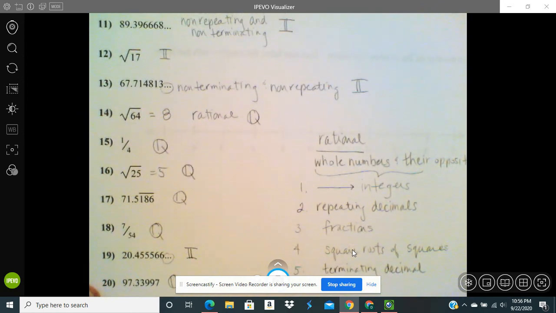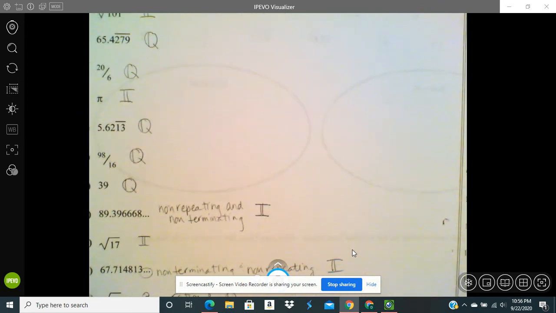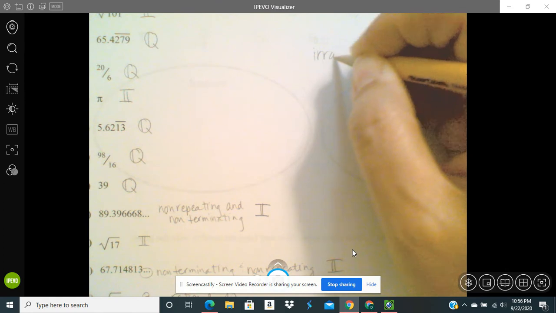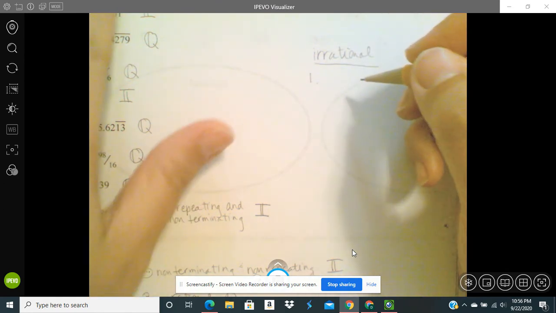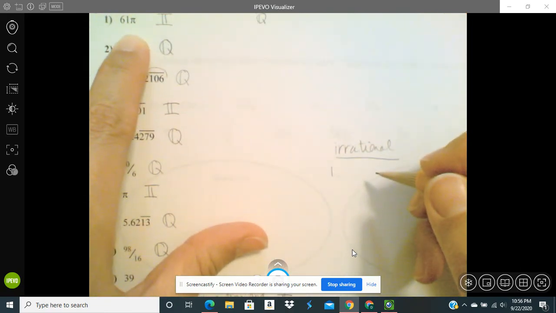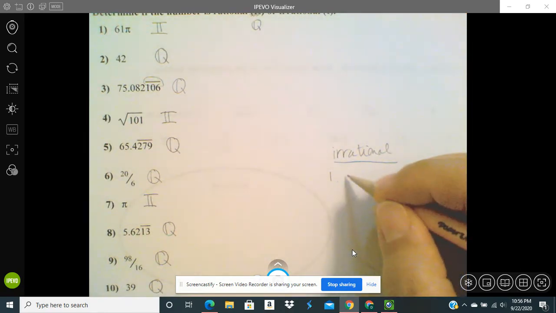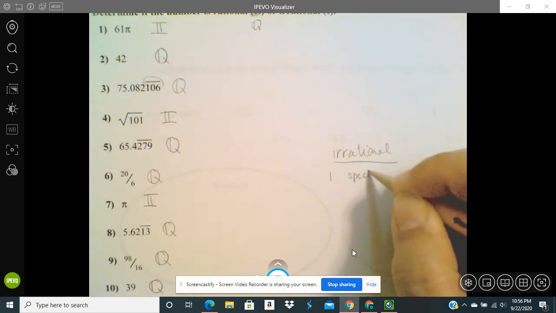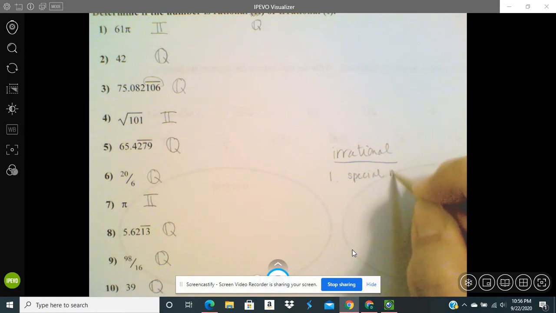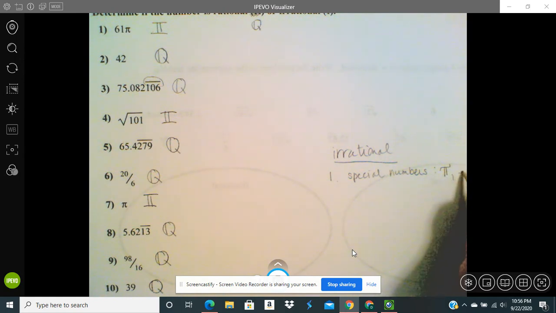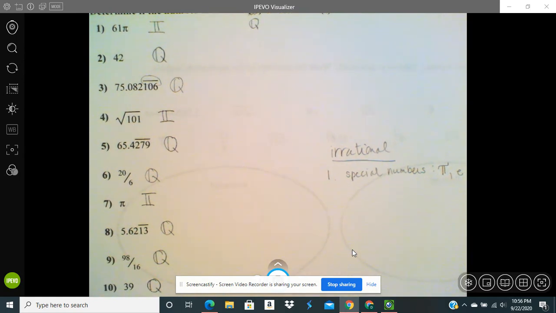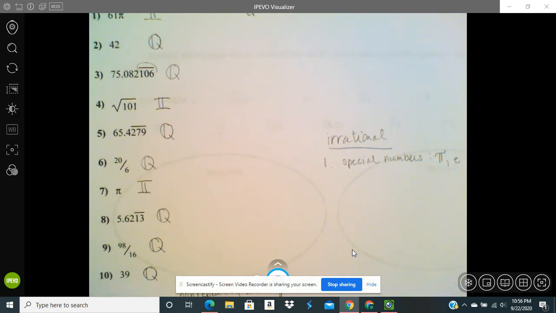Let's look at our irrational numbers. The first type I saw was special numbers. Pi. Down the road in Algebra 2, you're going to talk about e. That's a special number. It's irrational.